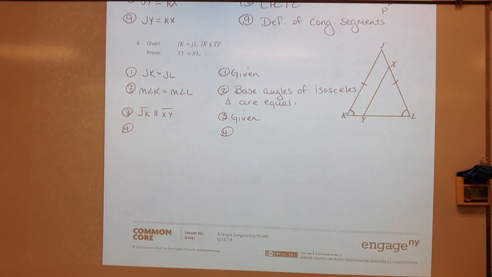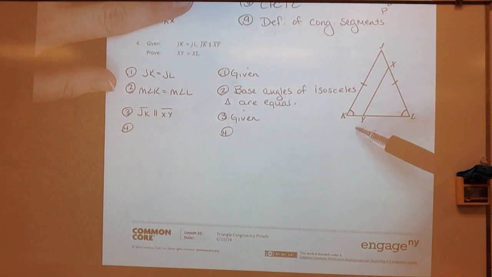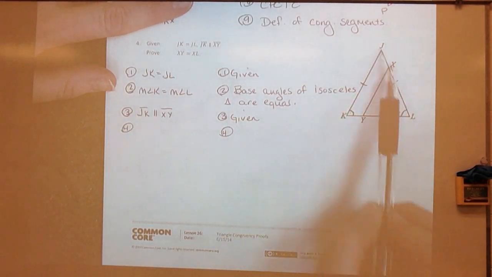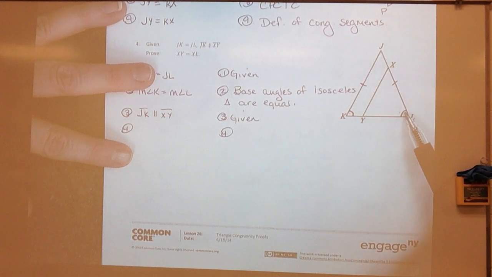But that also probably means that there is a transversal somewhere. So if I know that JK and XY are parallel, then this could be a transversal, this could be a transversal. So we kind of need to look at that. So I'm trying to figure out that XY is equal to XL.